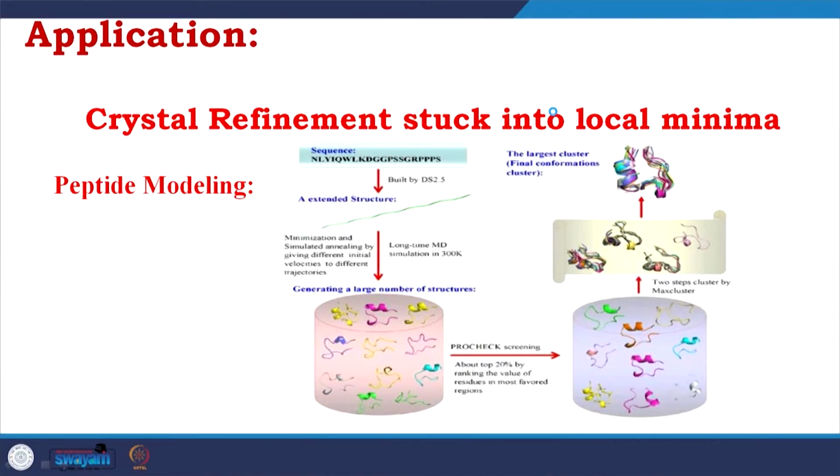Also, peptide modeling. A lot of people do not understand, it is a very critical problem. Why? I want to explain a little bit. First of all, why is peptide modeling becoming very important nowadays?